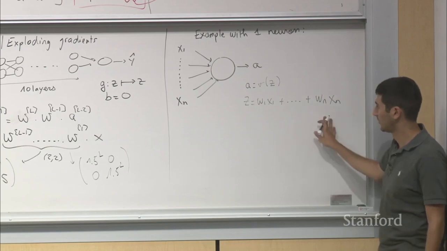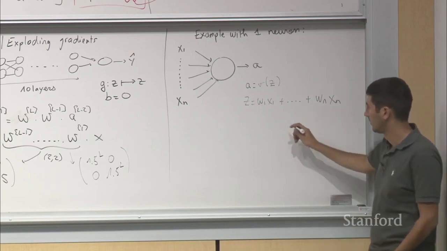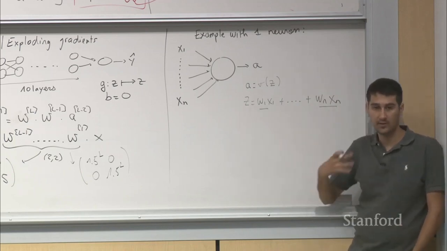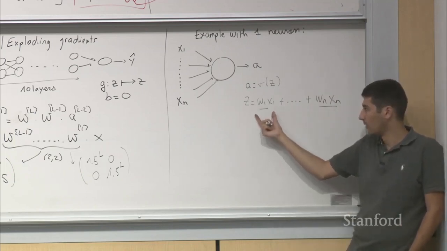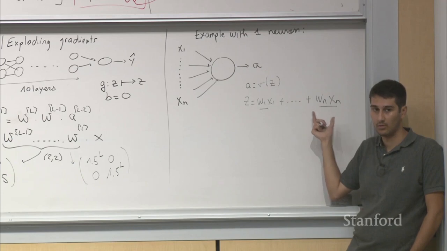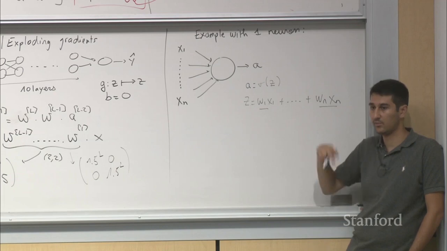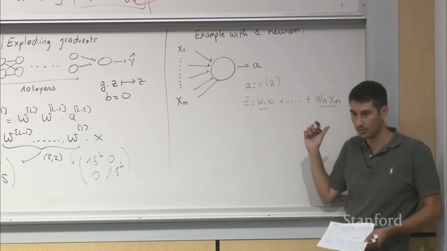The interesting thing to notice is that we have n terms here. So in order for Z to not explode, we would like all of these terms to be small. If W's are too big, then this term will explode with the size of the input of the layer.